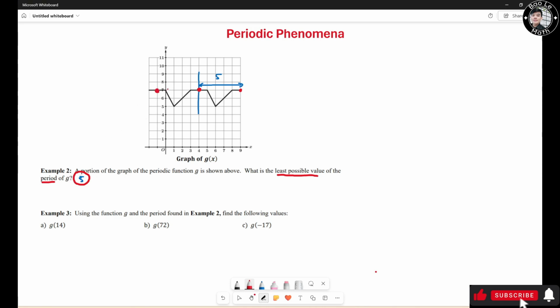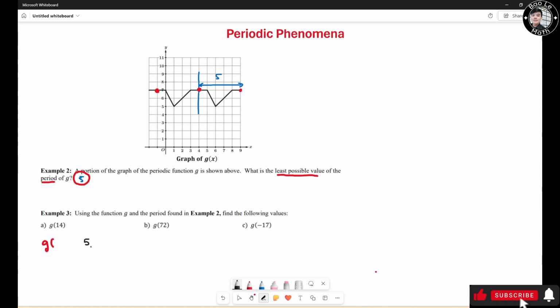After 5 units, the pattern is repeating. Alright, so if we need to calculate g of 14, we need to write 14 in terms of 5. So 14 right here can be written as g of, right? Now I need to write 5 over here, right? This is my period.